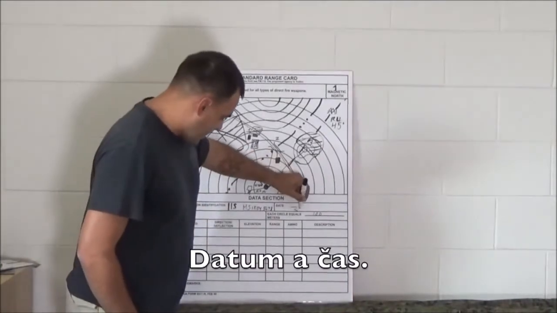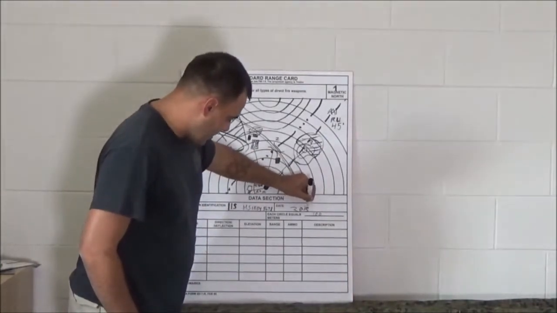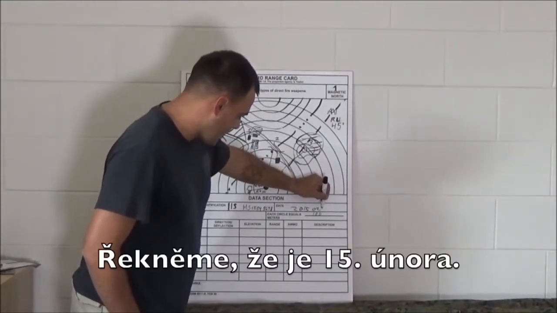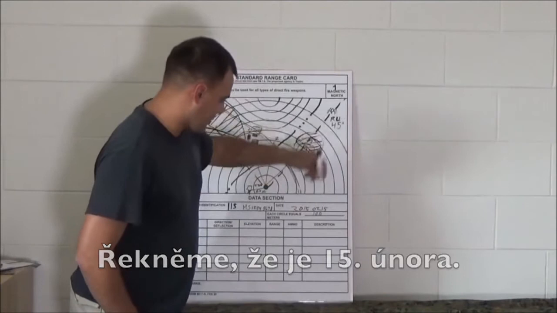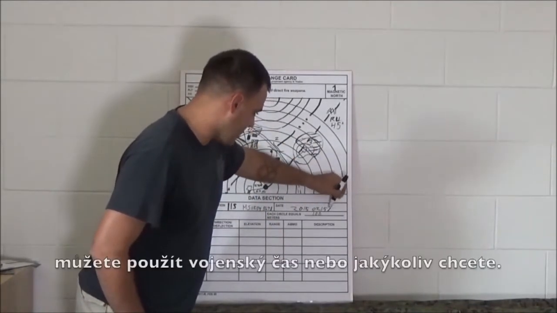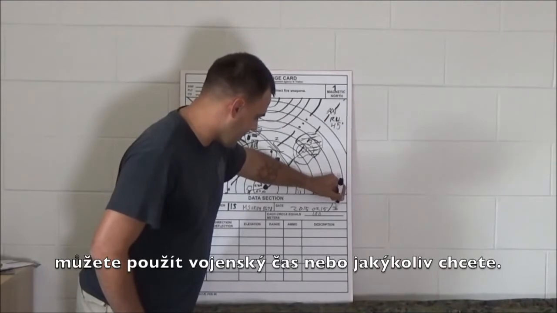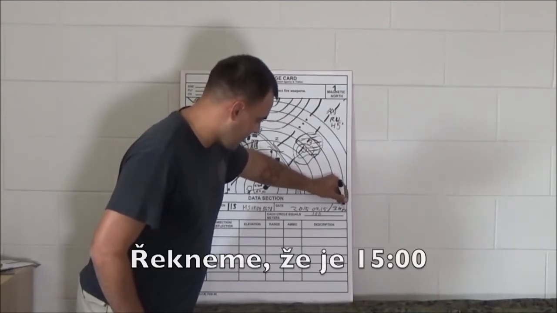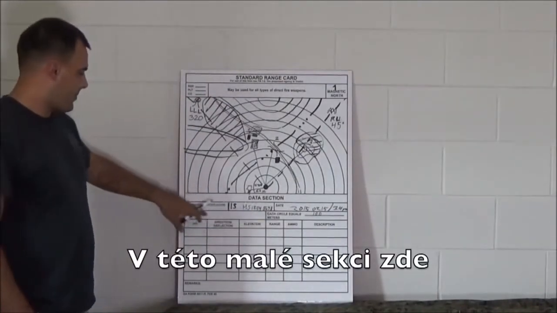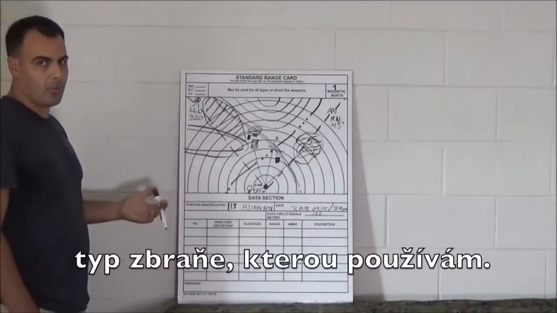Date and time. Let's say it's February 15th, for example, and the time that I've made the card, military time, whatever time you want to use, we'll say it's 3 p.m. This little section here, I'll generally write the caliber or what weapon I'm using.